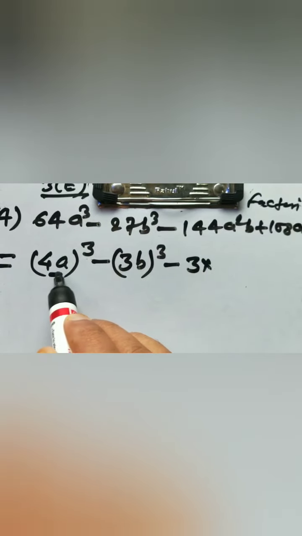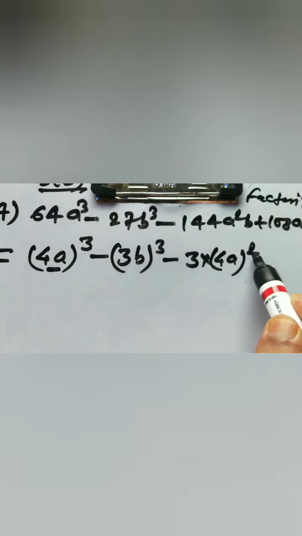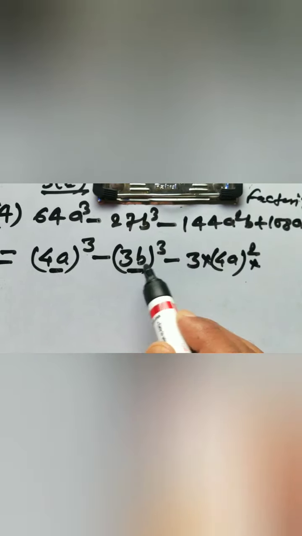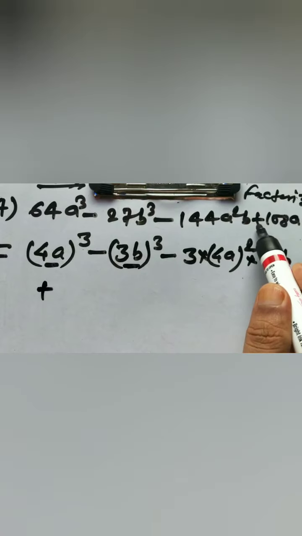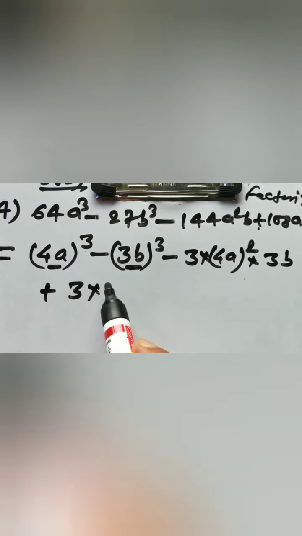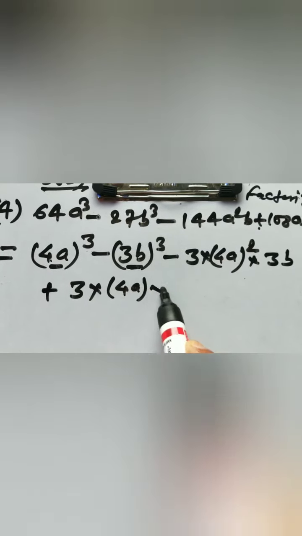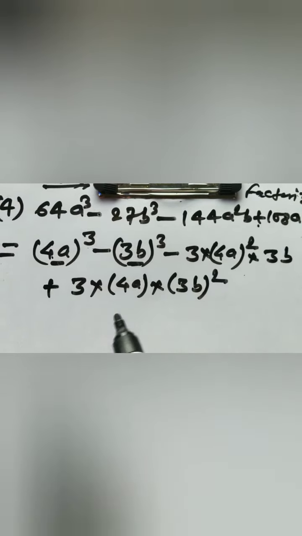At the place of a now 4a is here, so write (4a) the whole square, and at the place of b you have to write 3b, and then plus sign is here, 3ab square. At the place of a you have to write 4a, and at the place of b you have to write (3b) the whole square.